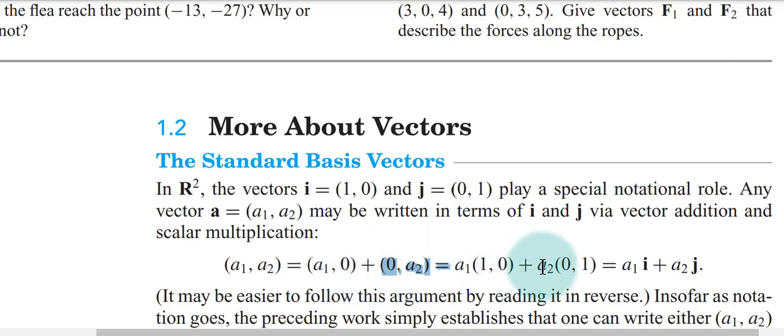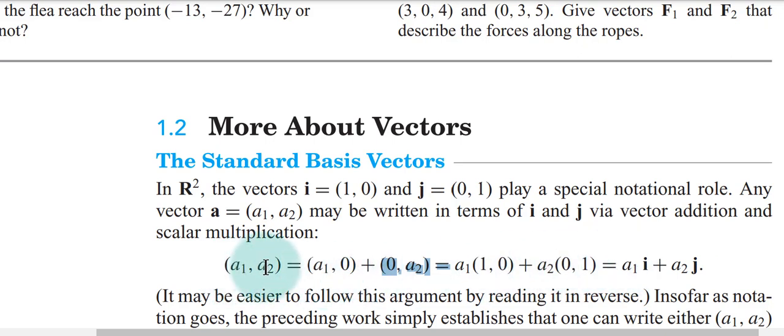And I can do a similar thing over here. I can factor out the a2, and I get a2 times (0, 1). Now notice that I ended up with these two special vectors, because this is (1, 0), the i, and this is (0, 1), the j. So I can just write them as i and j, and I get a1 i plus a2 j.